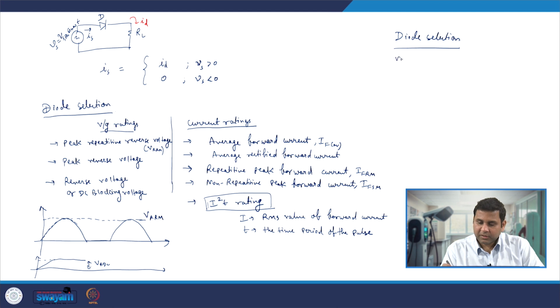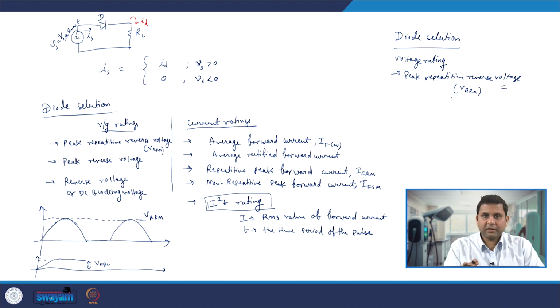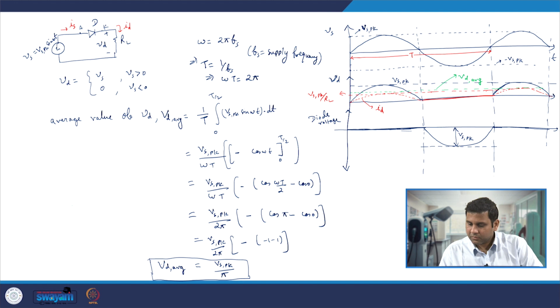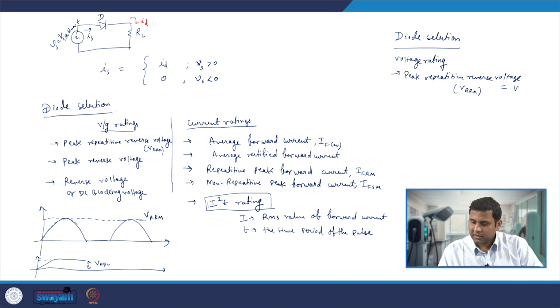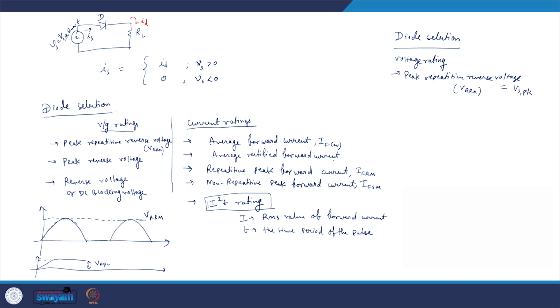If we talk about voltage rating, in voltage rating, the peak repetitive reverse voltage, VRRM, is nothing but, if you look carefully at our waveform, the peak value this diode will block, which is Vs peak, the peak value of your input AC voltage.